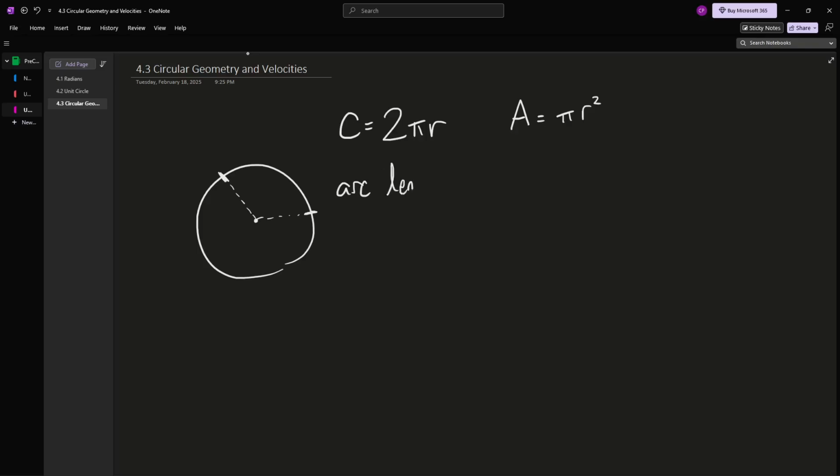Arc length is related to circumference. Where circumference is a whole circle, arc length is just how long is this one arc. The arc could be the whole circle, but for this one, I just want this little arc. And likewise, for the area of the whole circle, what we do instead is find the sector area. We call this a sector, and I want to know how big is this sector.